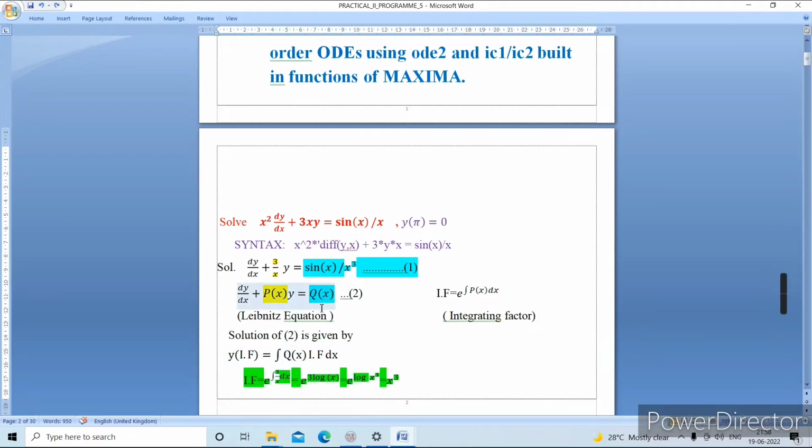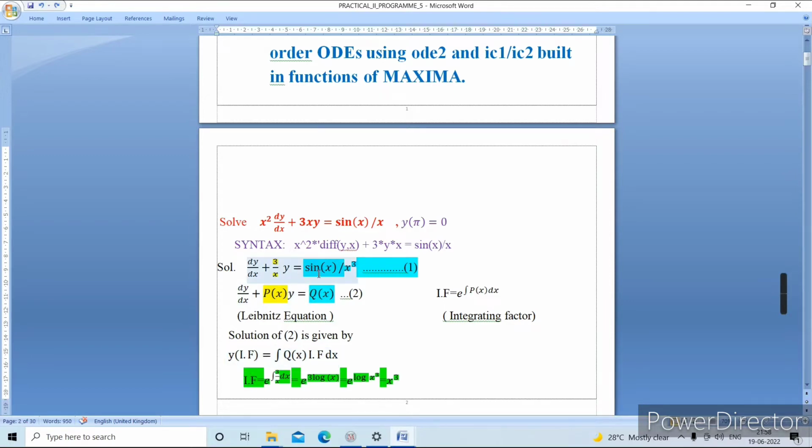So the integrating factor for equation first is given by x cube, and the solution of equation second is given by this formula: y into the integrating factor is equal to the integration of q of x times the integrating factor, dx.